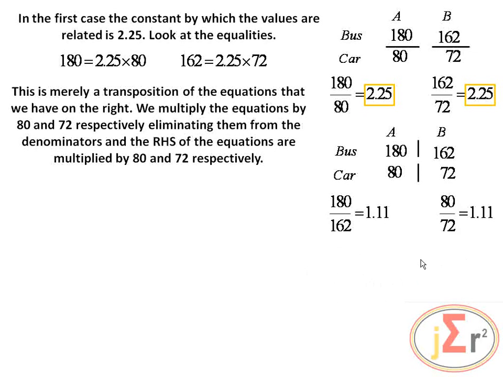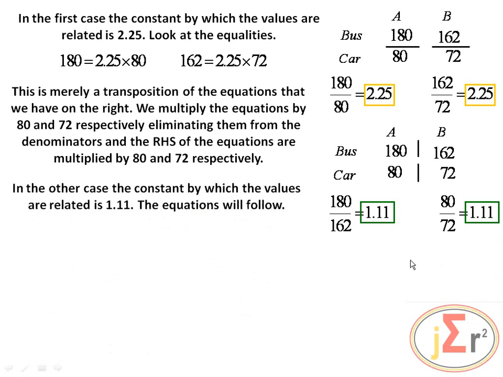And there we have the other representation of the problem, in which we have the constant right there. In the other case, the constant by which the values are related is 1.11, with those ones recurring. The equations will follow, and no doubt we have an analogy between these values and the ones that we have down here.